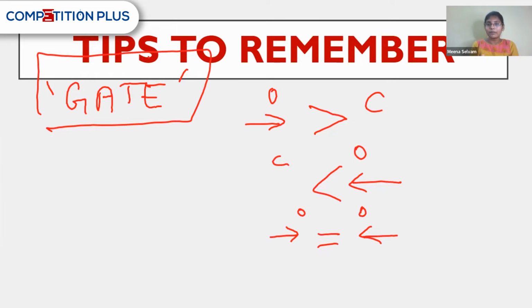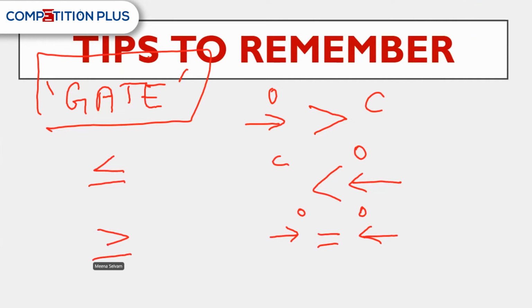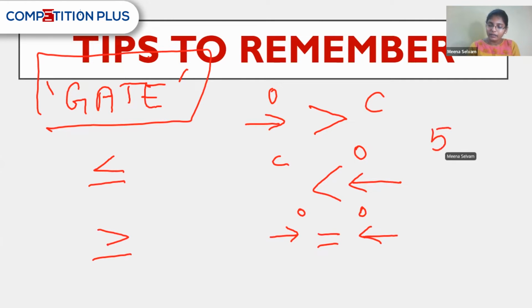Apart from these three basic symbols, we have two other important symbols, less than or equal to, greater than or equal to. What is the meaning of these symbols? When I am writing 5 greater than 3, it makes some sense, right? We know that 5 comes after 3, so that is a greater value compared to 3. Can I write like 5 greater than or equal to 3?